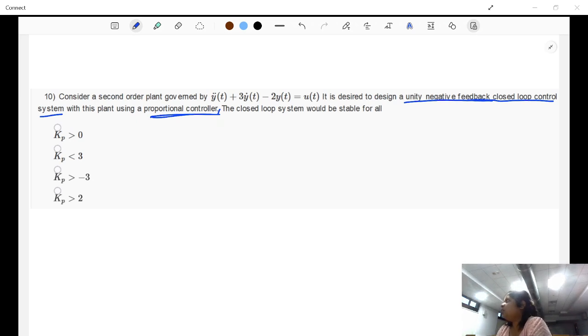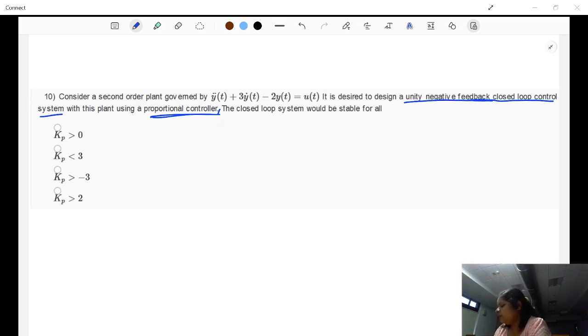So the closed loop system would be stable for what? That means for what values of Kp you are going to achieve the stability for the system. So you do not need to decide any controller here. It is already given to you. It is already said that it is proportional control. So from here we can just make out that C(s) is Kp.